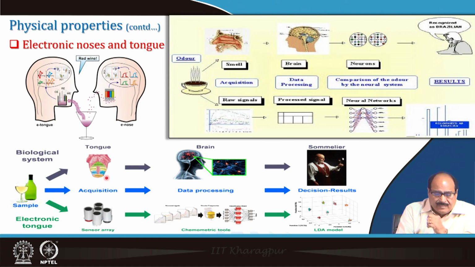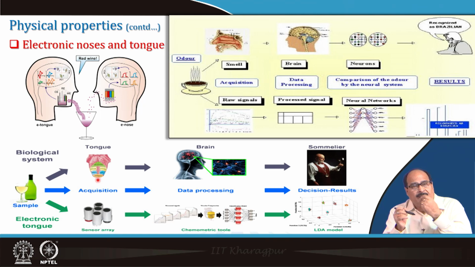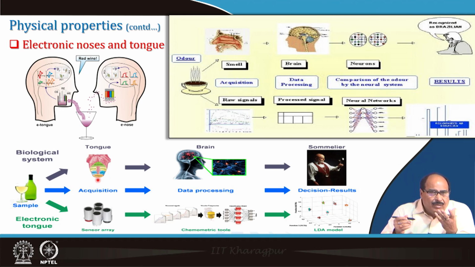Then the tongue acquires the information, and this information is immediately sent to our brain and nervous system, where the brain analyzes the information sent by the tongue receptors, gives its impression, and that is recorded as the taste of that product.